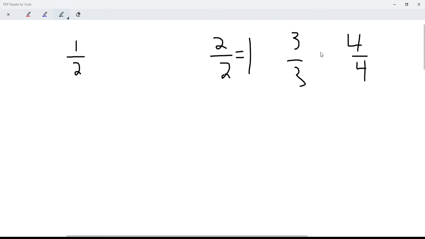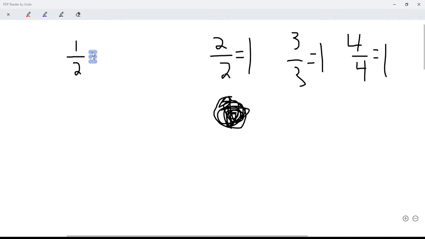They all equal 1. If it has the same numerator and denominator, it equals 1 because if I split this into 2 equal halves, that's what the denominator is, and then I have both halves, that's the whole circle. That's why if I split it into 3 pieces and then I have all 3 pieces, it equals 1.